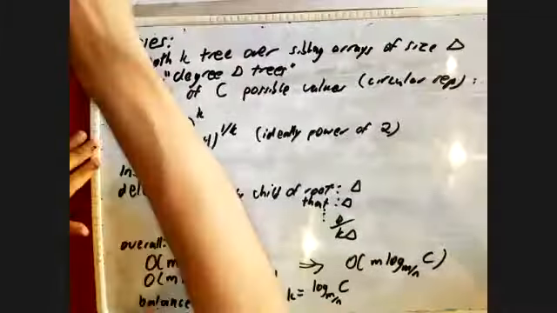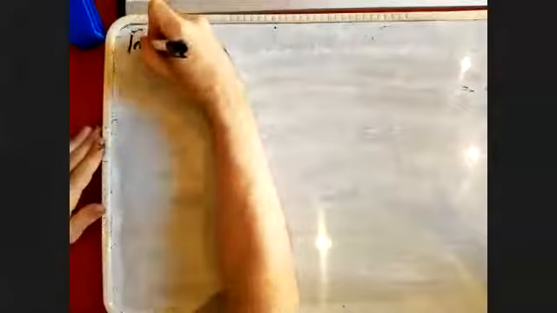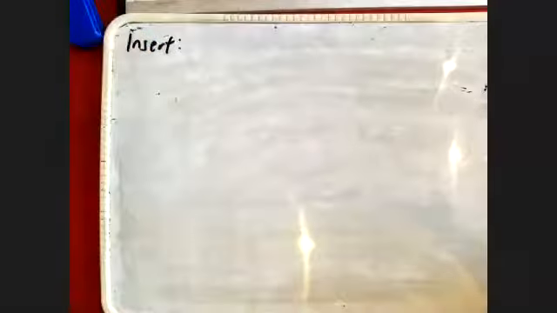So with that plan in mind, let's talk about how I would implement the operations that I need. So how do I do an insert of an item into this trie?